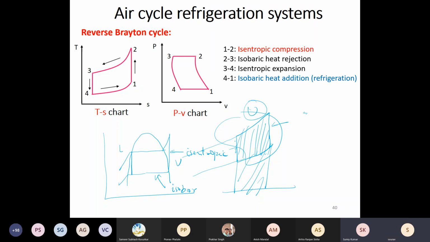Okay. And now in this case, since both are in the vapor region itself, we do not replace this isentropic expansion process with an isenthalpic throttling process. Okay. So we still maintain the turbine that is supposed to generate the power.